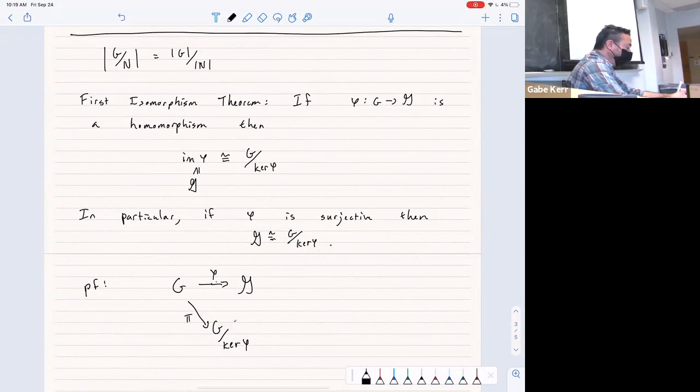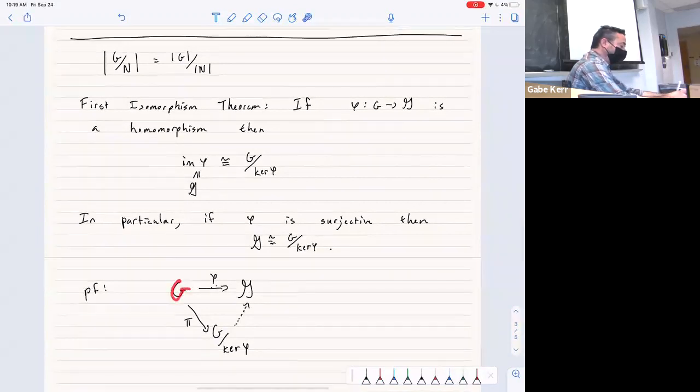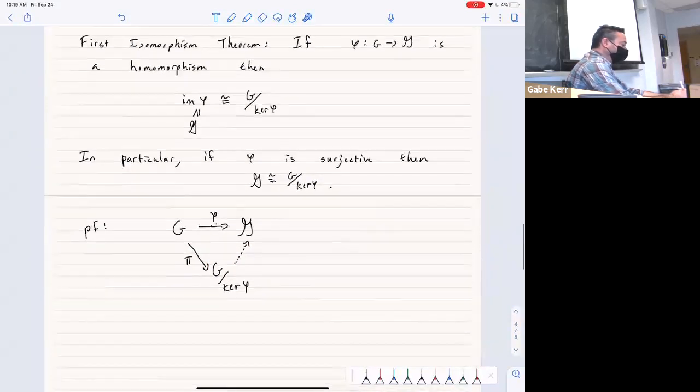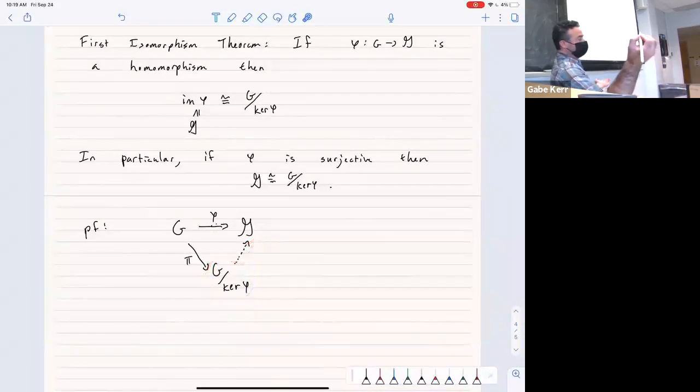Then you produce a map from G mod kernel phi to script G that makes this commute. In other words, starting here, it's the same as going like this in composition. Then you can just prove that this map maps isomorphically to the image.